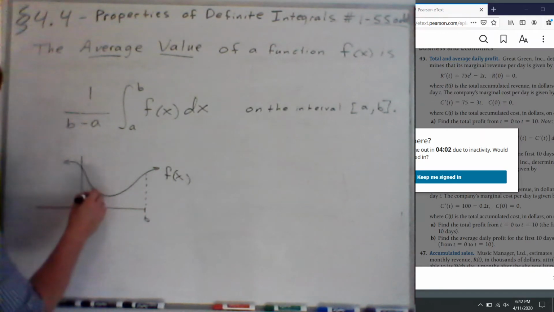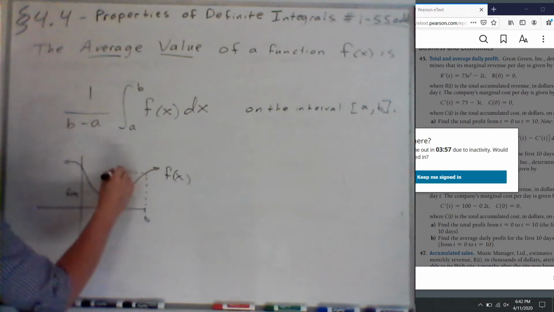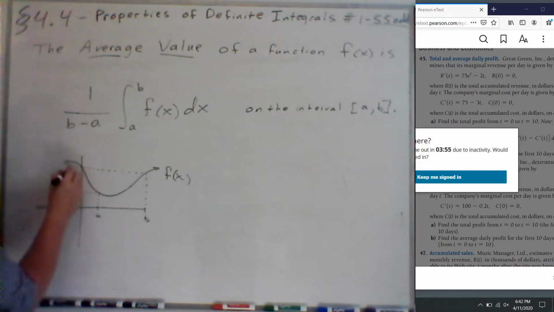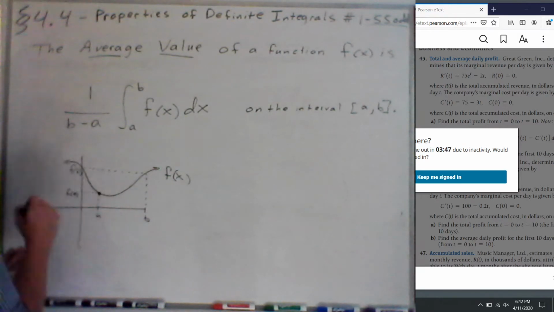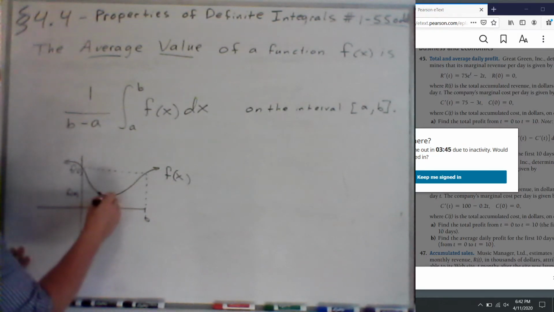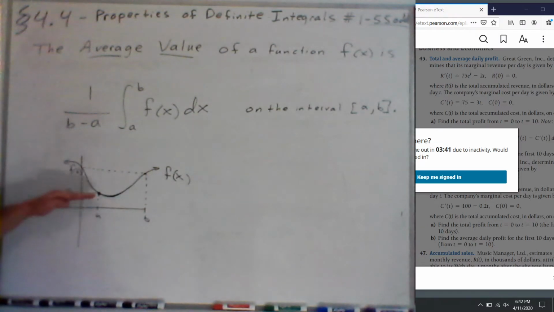And if you'll notice, f of a takes on a specific value. F of b takes on a very specific value. But what we want to know is, this function actually kind of goes lower and then comes back up and goes higher. The average value of a function is going to be somewhere between those values.